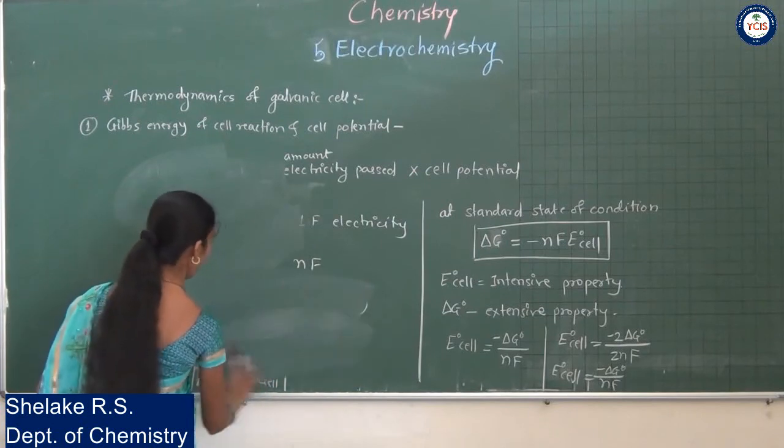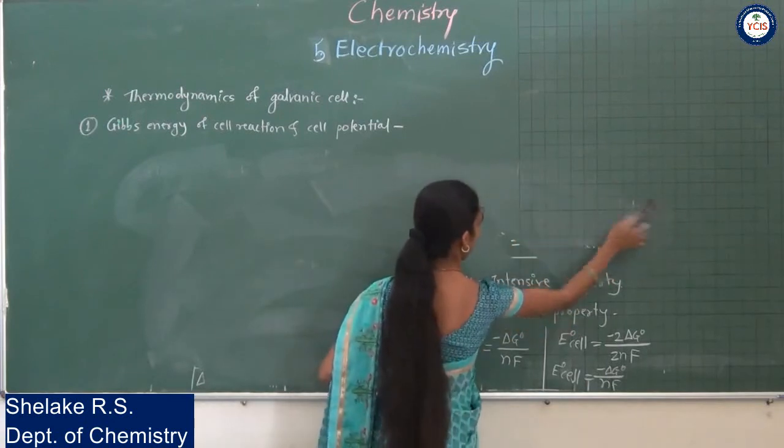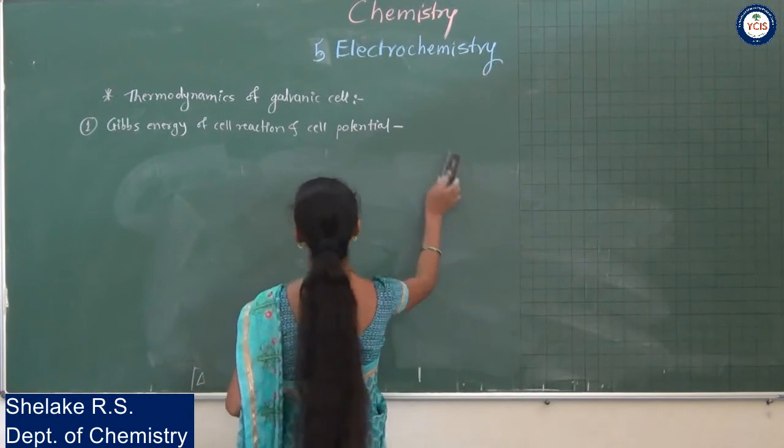Now in the thermodynamics of galvanic cell, second we have to see the relation between the equilibrium constant and the cell potential.